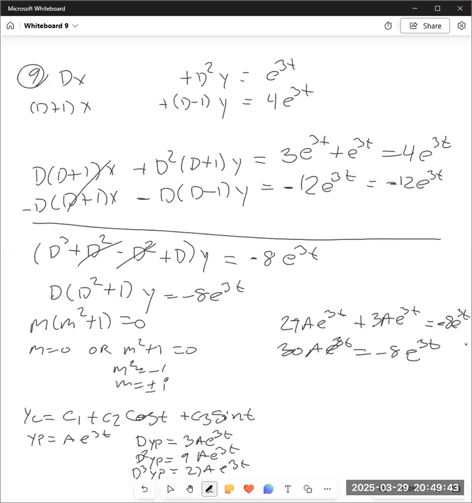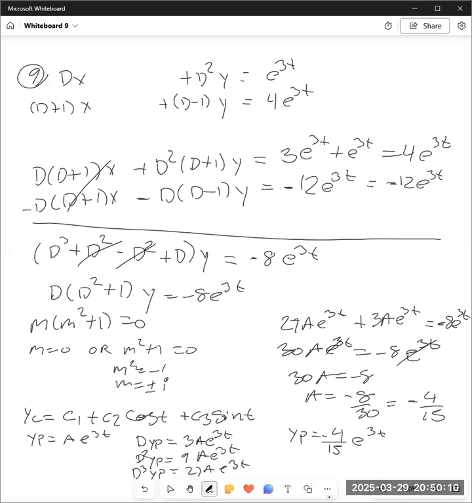So ignoring the e to the 3t's, 30a is negative 8, a is negative 8 over 30, or negative 4 over 15. That makes my yp equal to negative 4 over 15 e to the 3t.